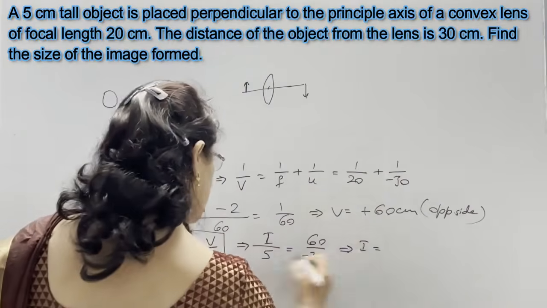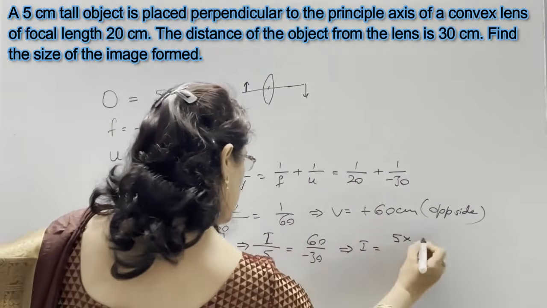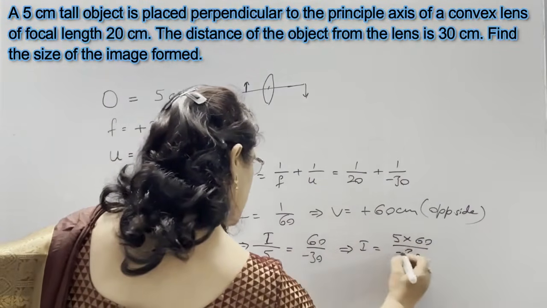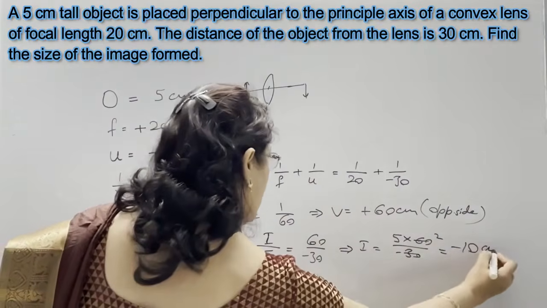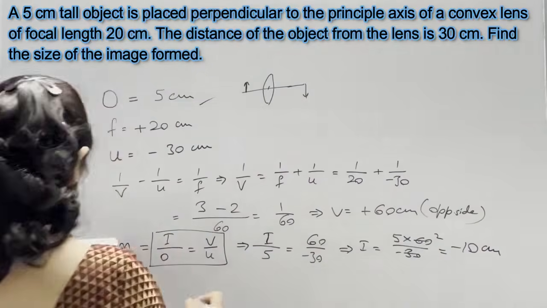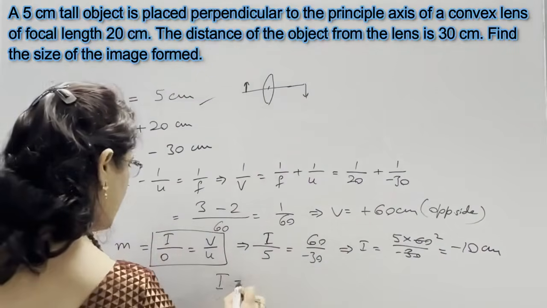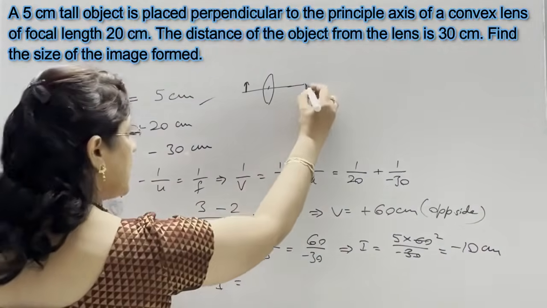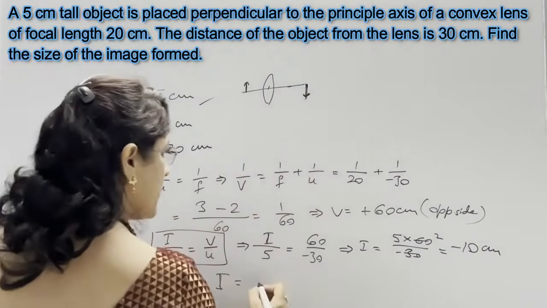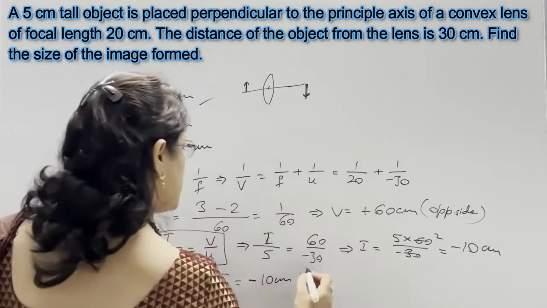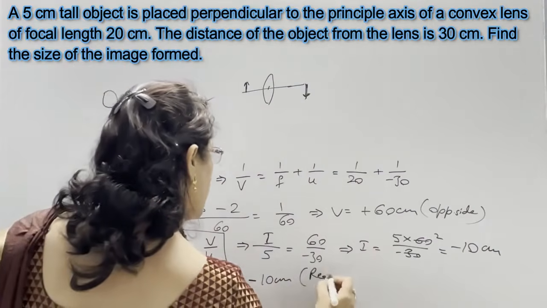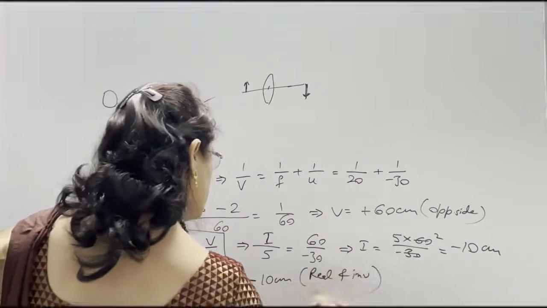So value of I comes out to be 5 multiplied by 60 divided by minus 30. It means minus 10. Value comes out to be minus 10 centimeters. So the length of this image is 10 centimeter, and the minus sign shows that it is a real and inverted image.